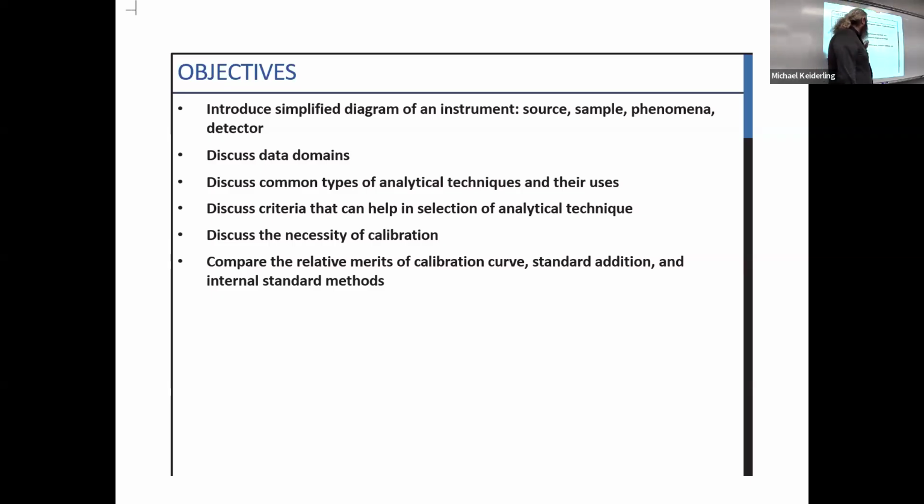Primarily, we're going to be using simple calibration curves and stuff like that.